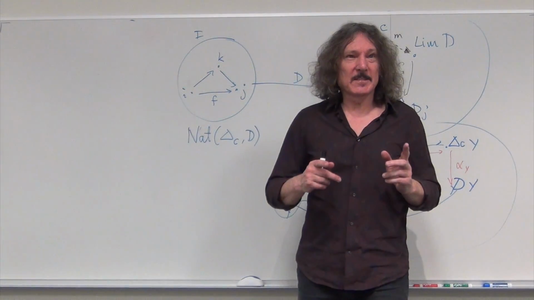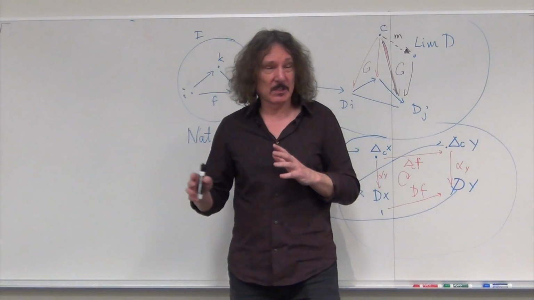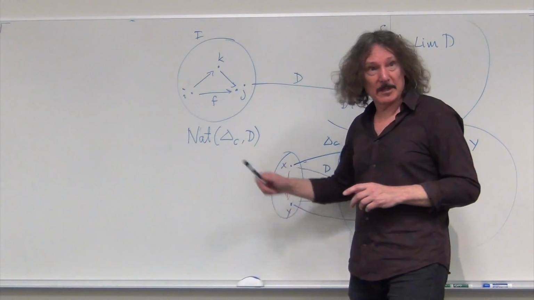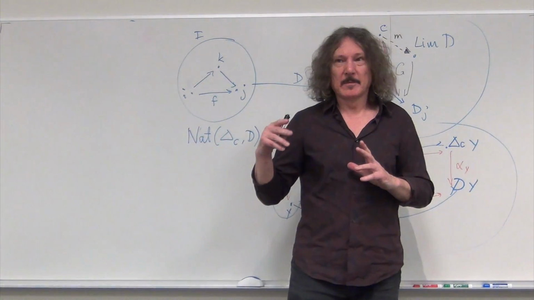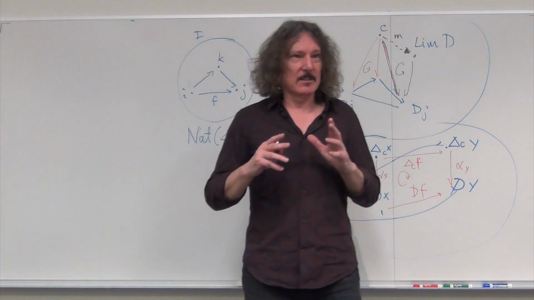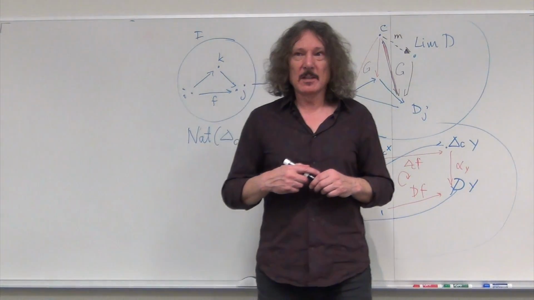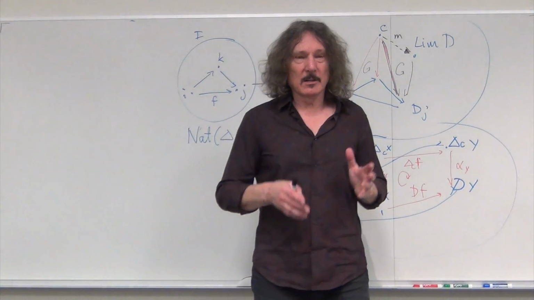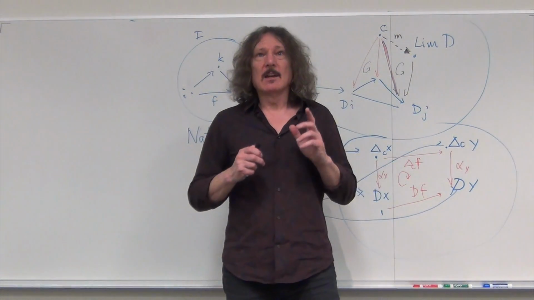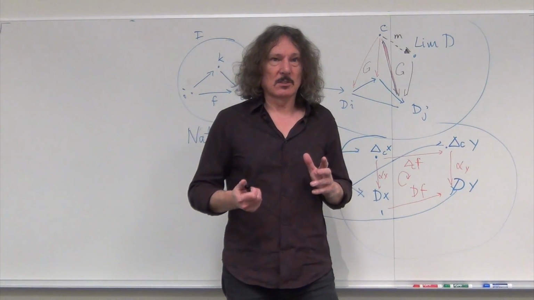So we got rid of some commuting triangles by saying that the cone is a natural transformation, right? But now we have these other commuting triangles. So this is a standard trick in category theory. Whenever you have commuting triangles or commuting squares, you try to replace them with a naturality condition.